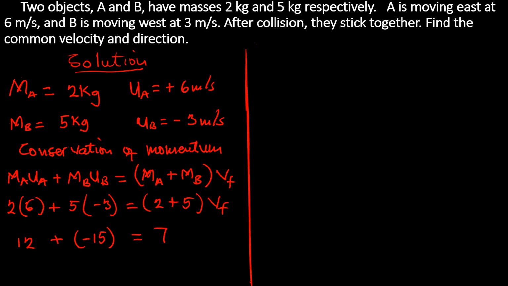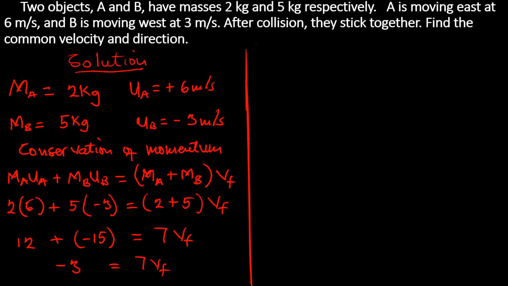So 7 VF. 12 plus minus 15 will give us minus 3. So minus 3 is equal to 7 VF.